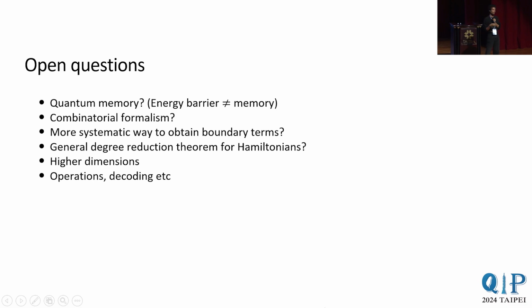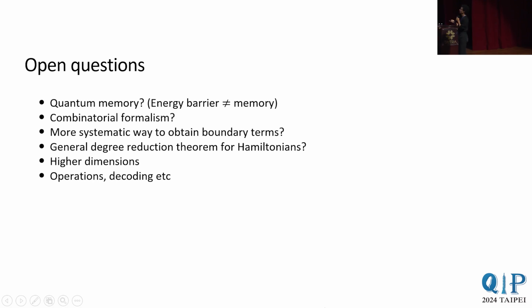Because this is very condensed-matter, very physics-y. Can we reformulate that in the more usual LDPC language, for example? Also, the way that we obtain the boundary terms for the defects is very ad hoc. It would be nice to have a more systematic understanding of how to obtain these terms.